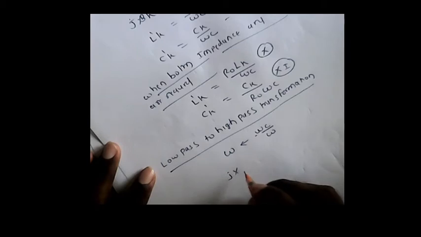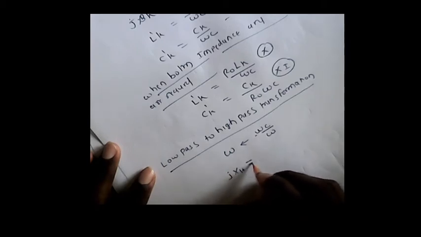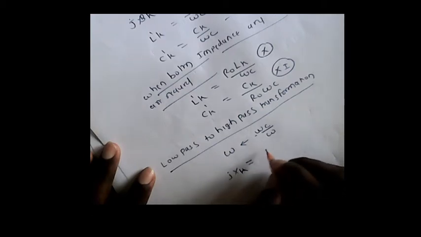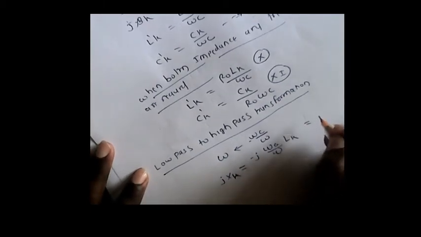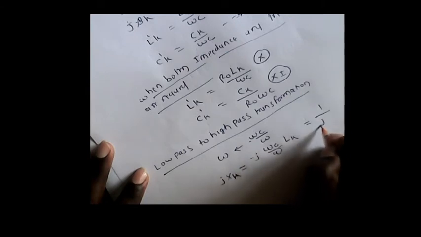So the new value of the component, that is the series reactance Xk, is to be calculated as j minus omega c divided by omega into Lk, or 1 upon j omega Ck dash.